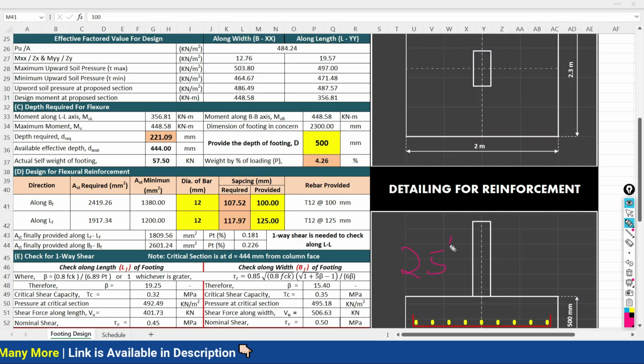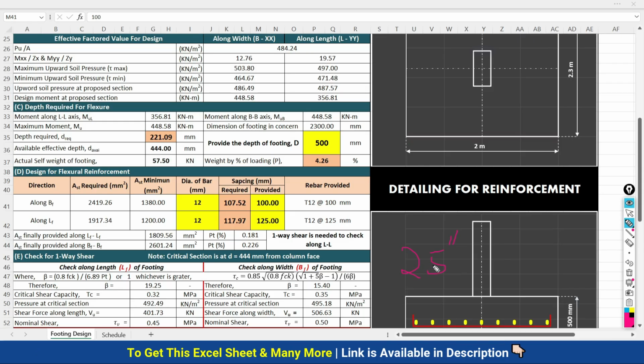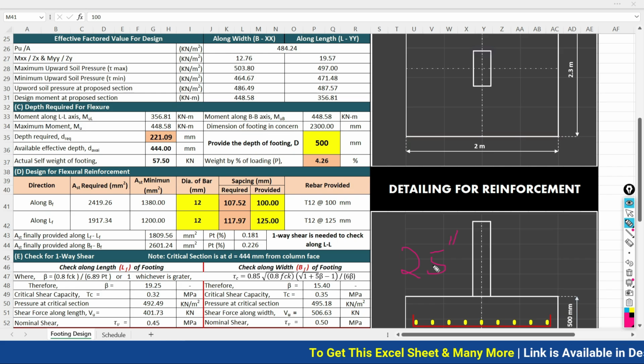It is again the practical thing. Whenever the site is going to be executed based on your design, it should be easy to execute. So on site 1 inch is equal to 25 mm. So you have to provide the spacing with a round-off factor of 25 mm.